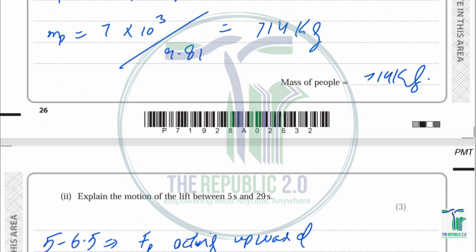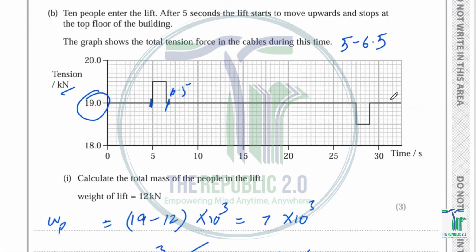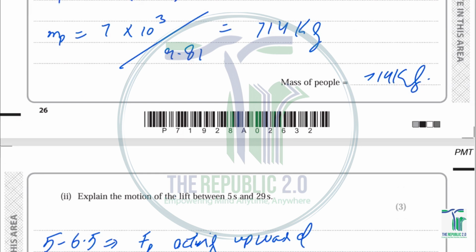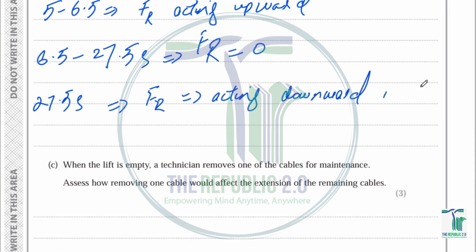And as soon as you reach 27.5 seconds, we were supposed to explain it up till 29 seconds, there is a resultant force acting downwards on the lift. Got it? So that is how we're going to talk about it.